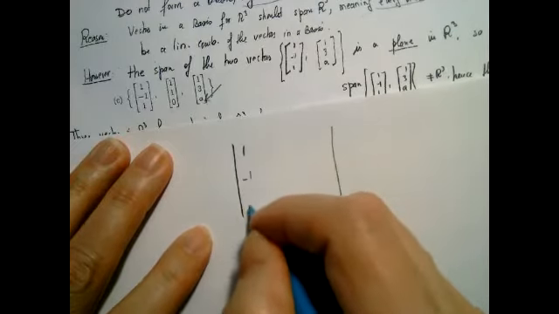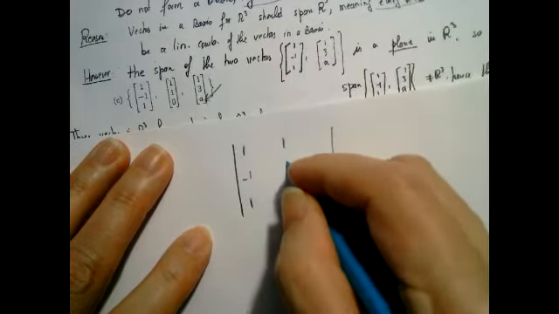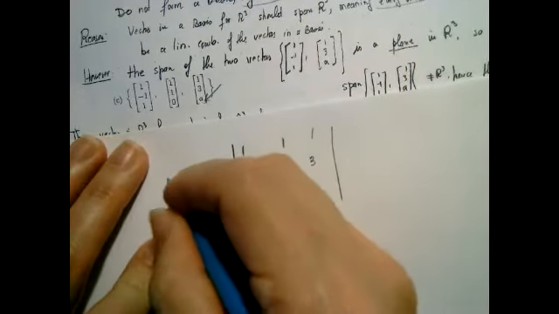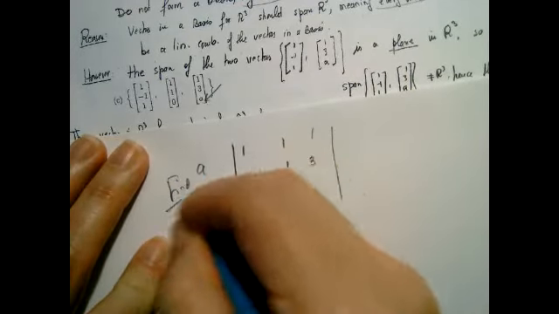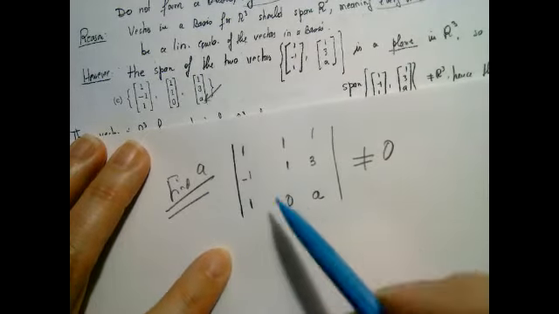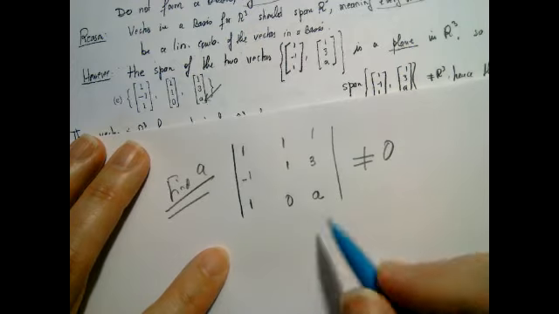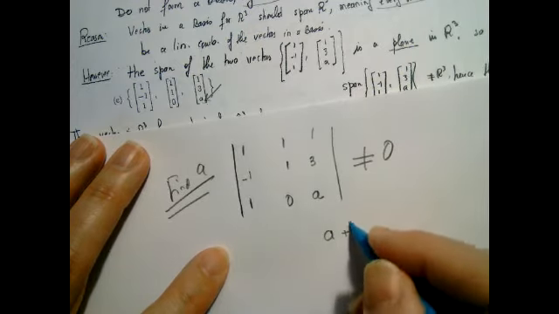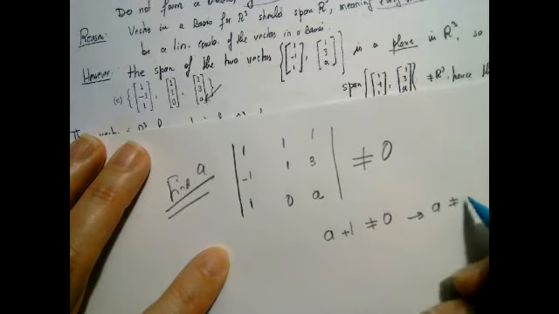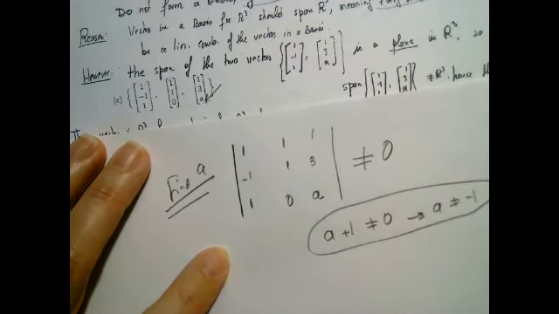So you can compute the determinant. I won't; you guys do it yourself. You find the value of A such that the determinant is different from 0. If you do that, you will get exactly that the determinant is different from 0 when A plus 1 is not 0, which means A is different from -1. Check it and make sure you get the same answer.